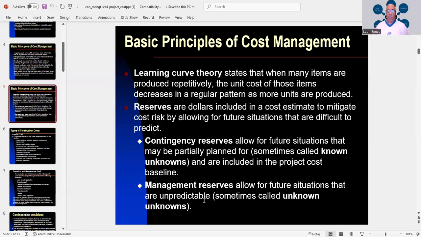So, under the reserves, you have your contingency reserves, which allow for future situations that may be partially planned for, sometimes called known unknowns, and are included in the project cost baseline. Then you have your management reserves, which allow for future situations that are unpredictable, sometimes called unknown unknowns.